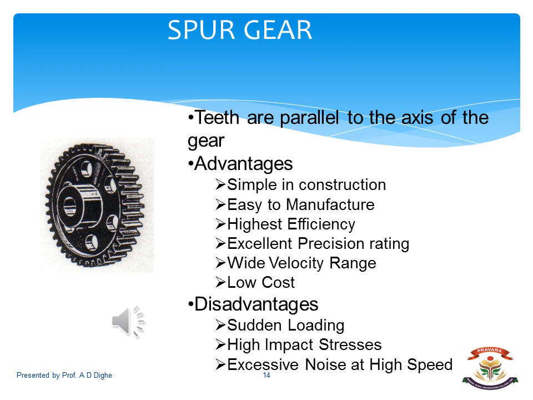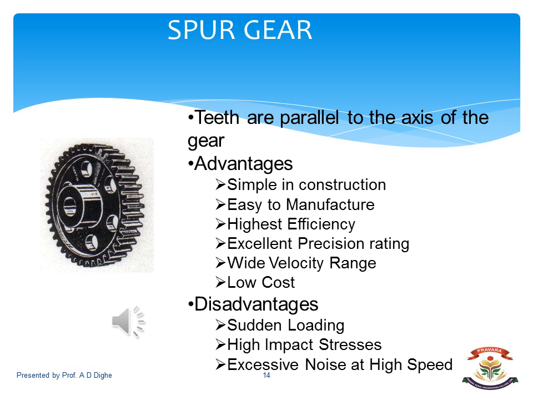As we have seen in the spur gear, teeth are parallel to the axis of the gear. So there are some advantages and some disadvantages of the spur gear. Because of the parallel teeth, there is sudden engagement, which results in noise, but first we just see the advantages. It is simple in construction, and as the straight teeth are there, it is easy to manufacture.